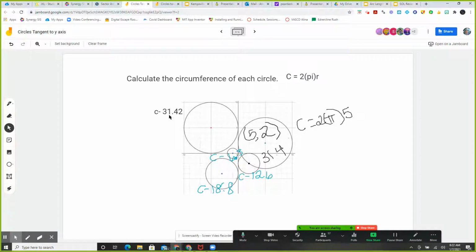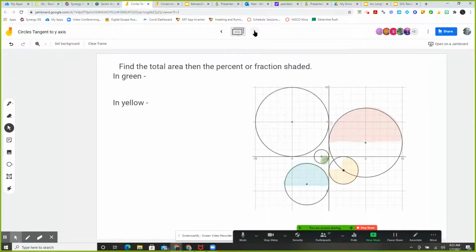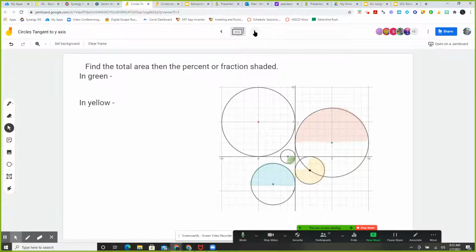We've got the circumference. That's perfect. Circumference, circumference, and circumference. Beautiful. Okay, so this is the lesson that we're getting into now. In these pictures, we want to find the total area and then find the percent that's shaded in.